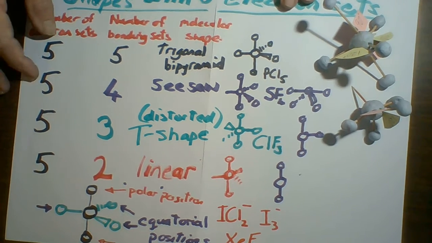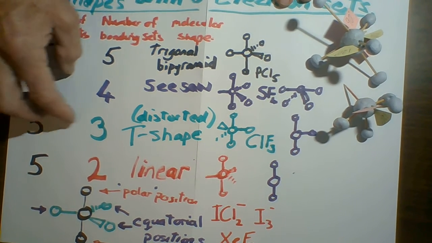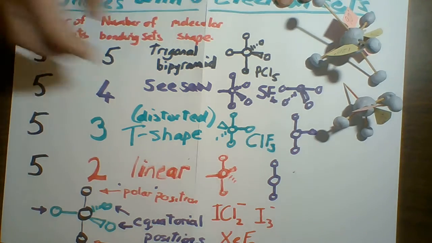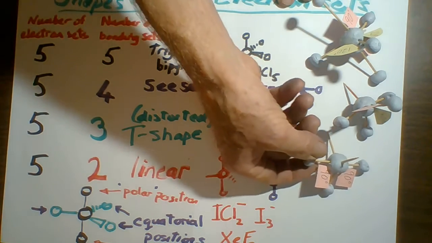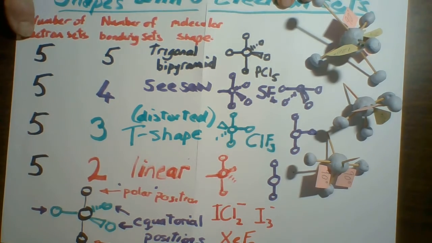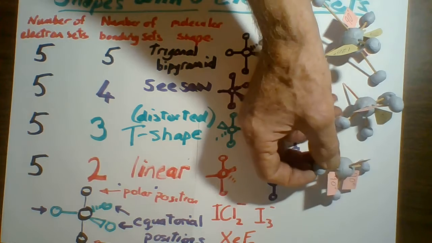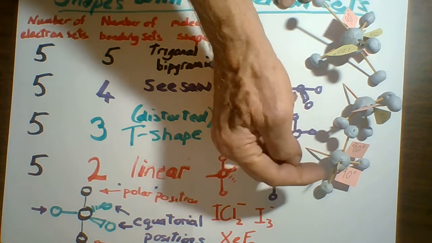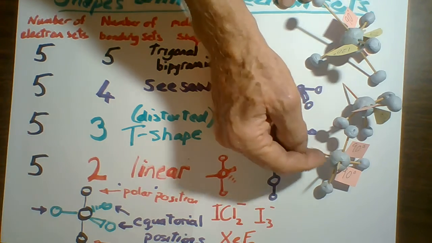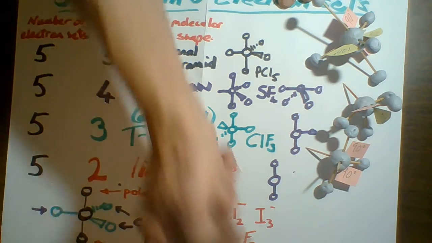Right, moving on, we have 5 electron sets with 3 bonding pairs, which forms a T-shape. Here we have the T-shape because there is only 1 bonding pair in the equatorial plane. We don't have the 120-degree bond angle because in the equatorial plane we have two non-bonding pairs and one bonding pair.